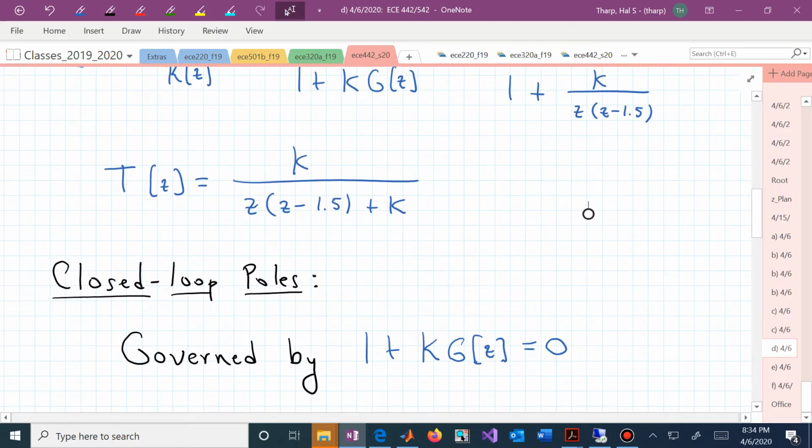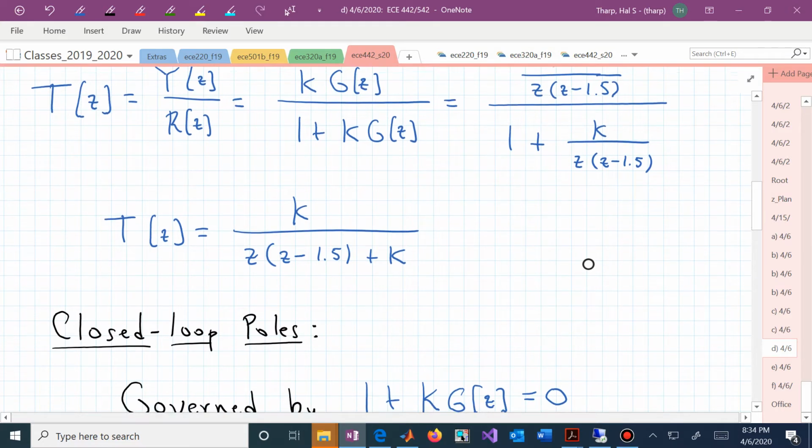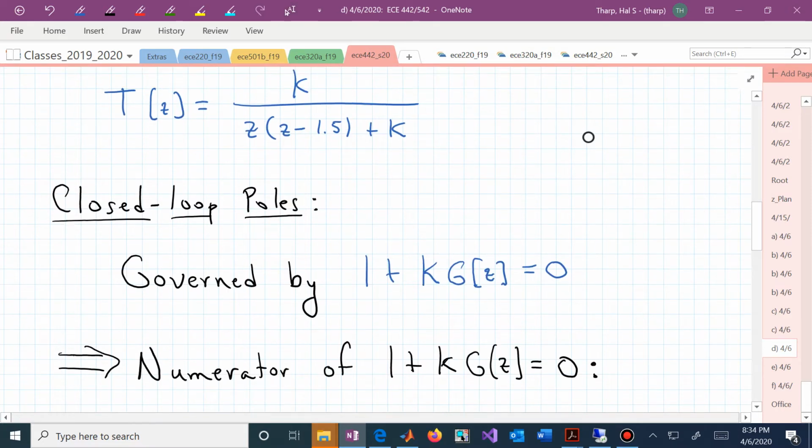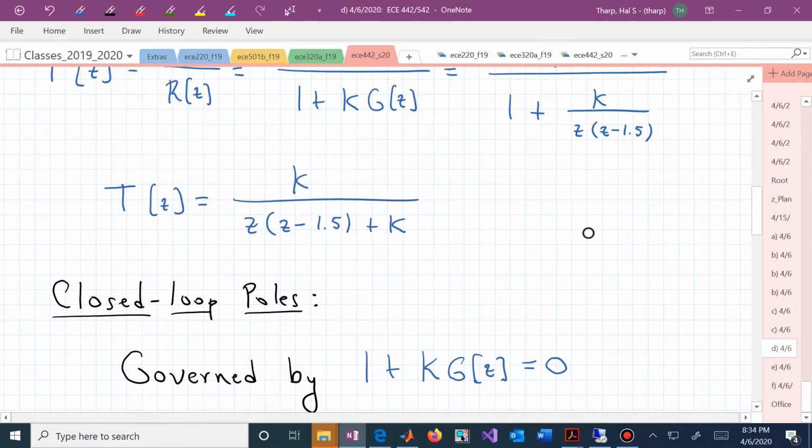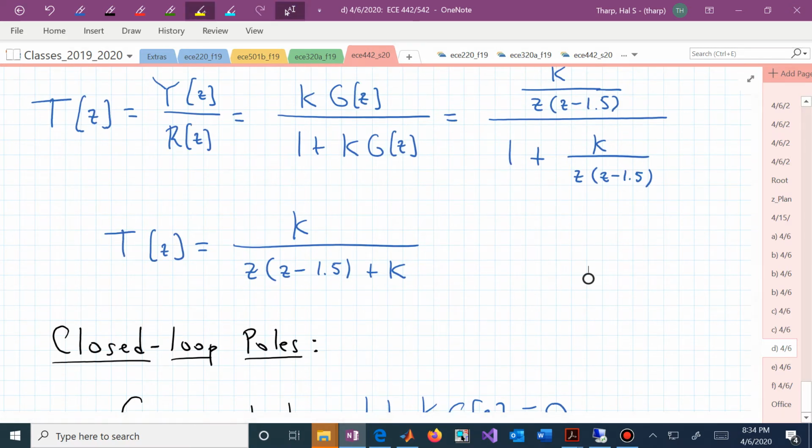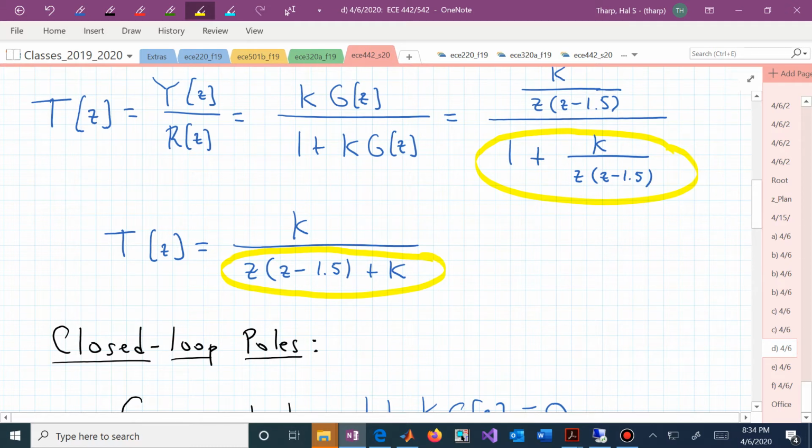The closed loop poles are governed by the denominator, 1 plus kg of z. The numerator of 1 plus kg of z is what we have calculated here, and that ends up being that particular expression.